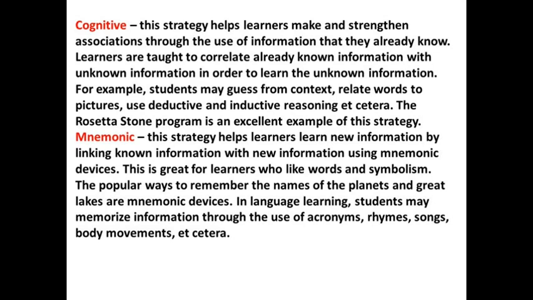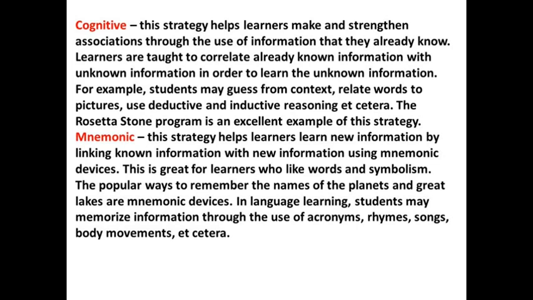Learners are taught to correlate already known information with unknown information in order to learn the unknown information. For example, students may guess from text, relate words to pictures, use deductive and inductive reasoning, etc. The Rosetta Stone program is an excellent example of this strategy.